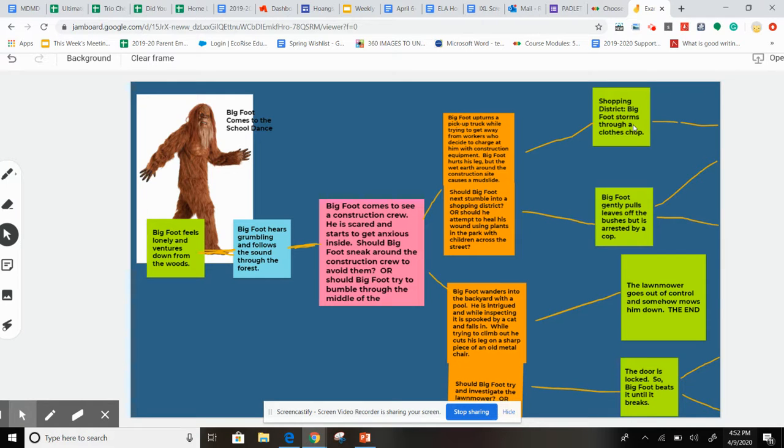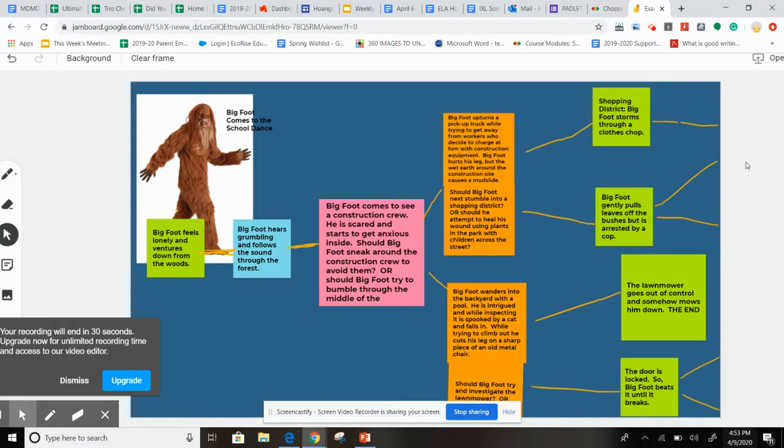Shopping district, he storms through a clothes shop, and that one leads to some other scene that's off this page. Or he could be at the park and he gently pulls off leaves, but he's arrested by a cop, and the reader's faced with, should he fight with the cop or should he just go along with it because he has no idea what's going on?